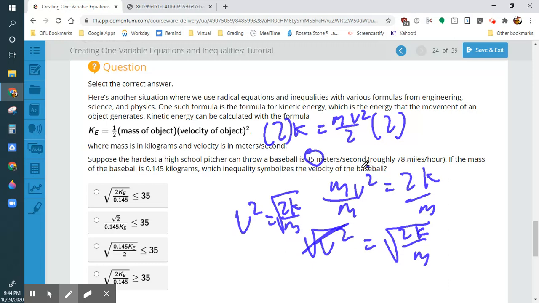So my velocity is 35. Oh, and the picture, the hardest it can do. So the velocity has to be less than or equal to this. All right. So then velocity is less than or equal to, because they can't throw any harder than this. So it has to be less than or equal to the square root of 2K over m.